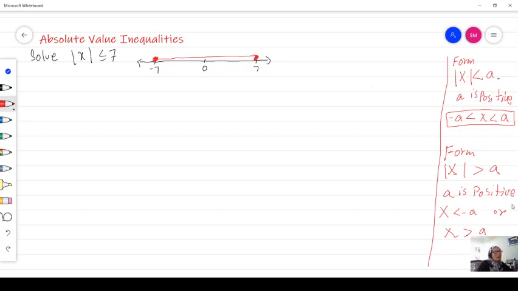So this is how we're going to set up our question or rewrite our question in this form. Okay, let's go back and do all the examples for both of these forms.